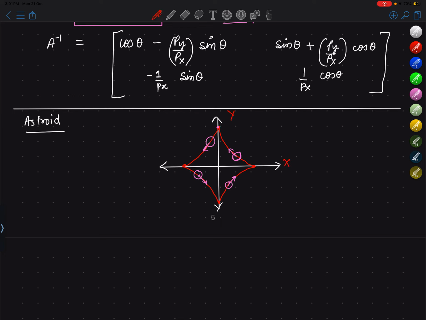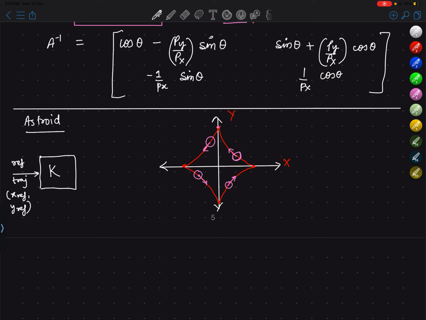We'll use this inverse kinematics. Basically we'll give it the input, a reference trajectory, xref comma yref.